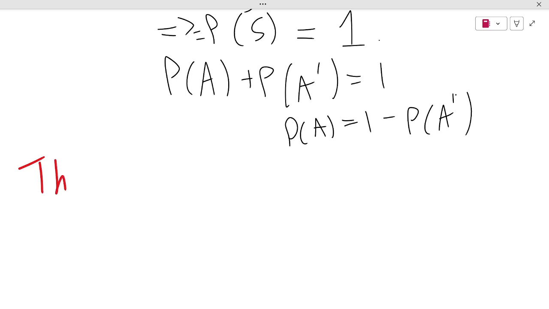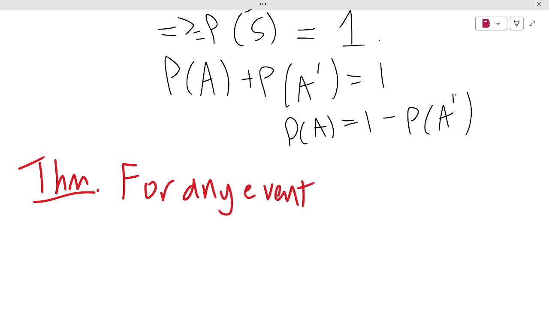This one is also somewhat intuitive, and so I don't think it necessarily warrants a whole proof. For some arbitrary event A, the probability of A is less than or equal to 1. And this kind of makes sense, right? We know that the event A has to be contained within the sample space, and we know that the probability of the sample space is always equal to 1.